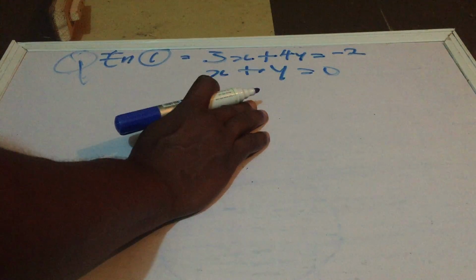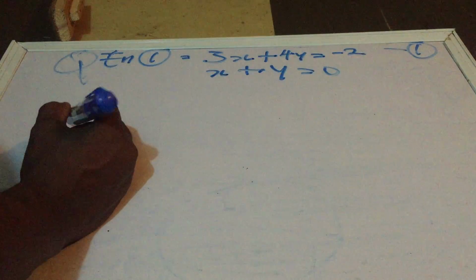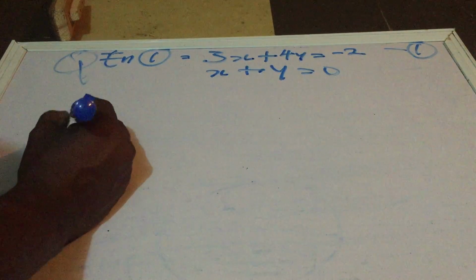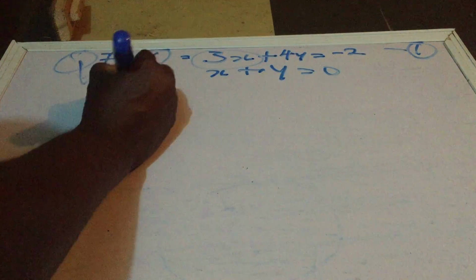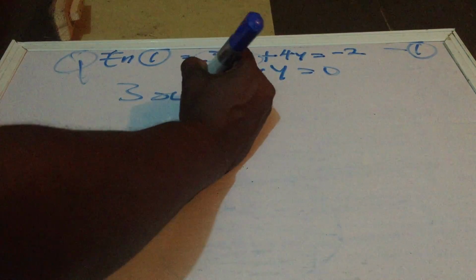How? Now I'll choose equation 1 to start. I will make 3x the subject of the formula by saying 3x, then take the 4y across to join minus 2.